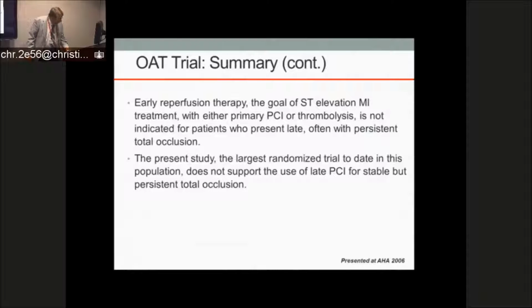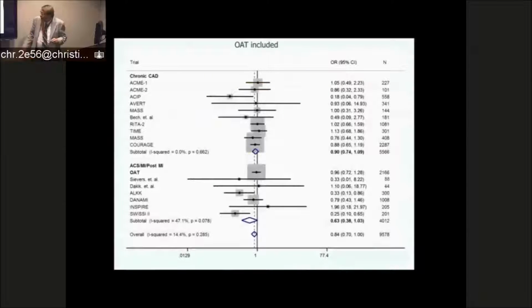So then what I did was take the OAT trial, include it with all these others, and rerun the meta-analysis for this set. And now you can see a really interesting result, that it really changes, because now notice first of all that the I-squared goes up to 47% when you include that.